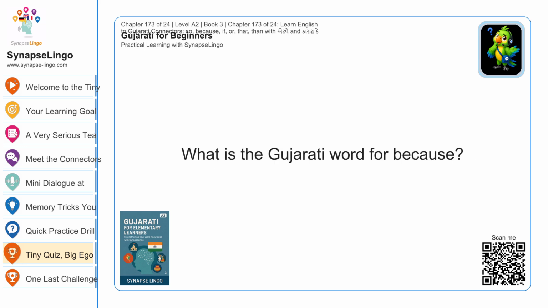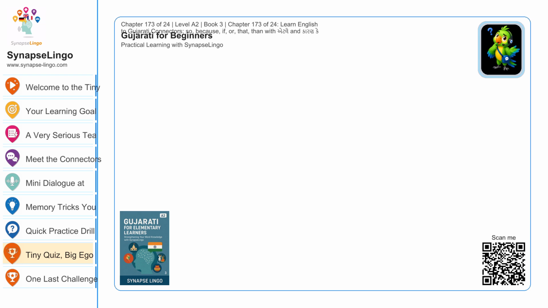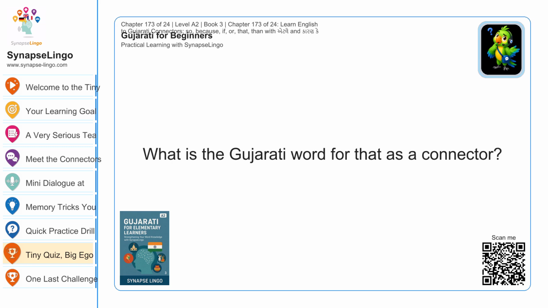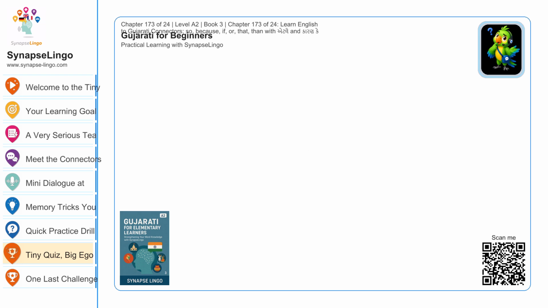What is the Gujarati word for because? કારણ કે. What is the Gujarati word for if? જો. What is the Gujarati word for or? અથવા. What is the Gujarati word for that as a connector? કે. What is the Gujarati word for than? કરતા.